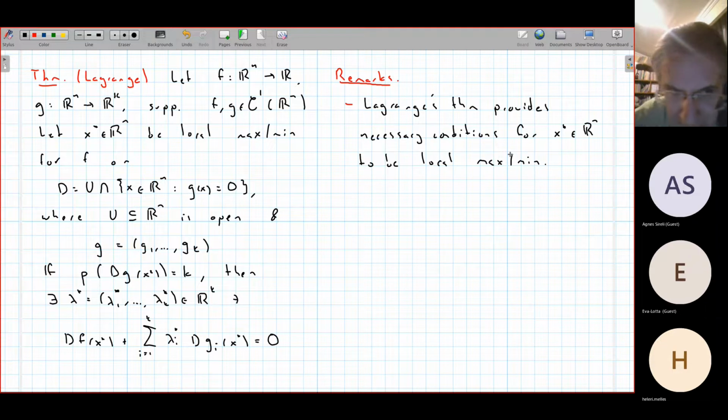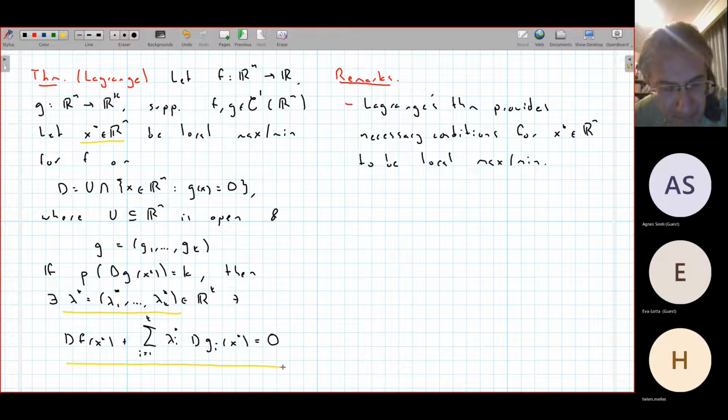So what's the idea behind Lagrange's theorem from the operational point of view? You find all the x's, all the x stars, for which there is some lambda satisfying this property. And you hope that there are only finitely many points with that property.